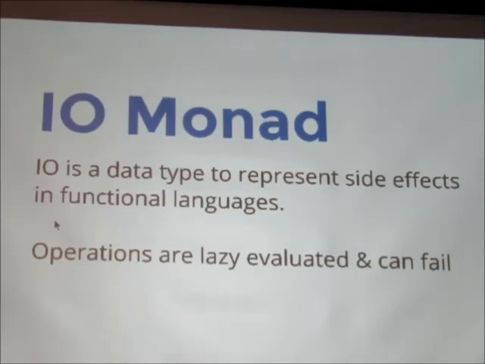It's a way to wrap operations that are lazily evaluated and operations that can potentially fail. All IO does is create a thunk with the function that you pass in, so that you don't have to run it right away. And because it's a wrapper type, the context for the IO monad is that you want to run some sort of operation that does side effects.